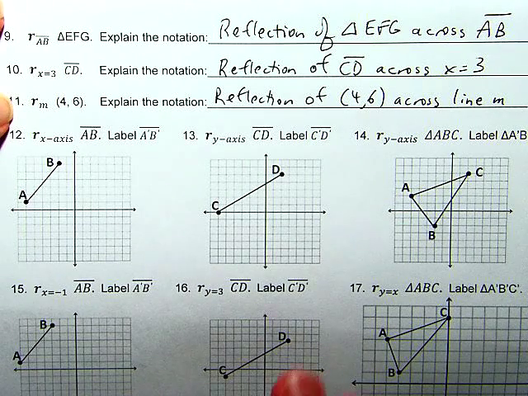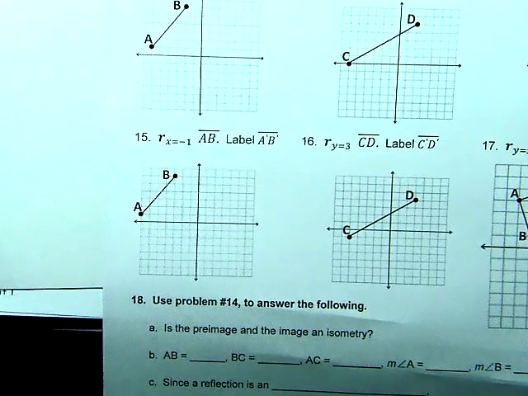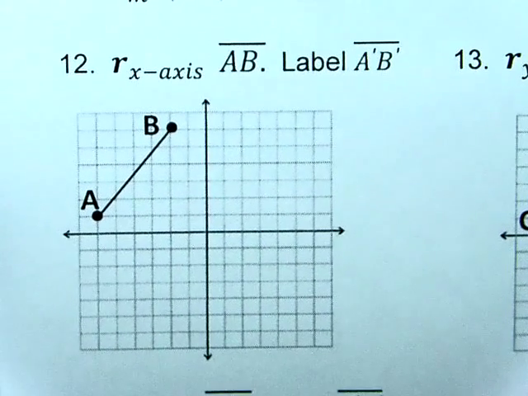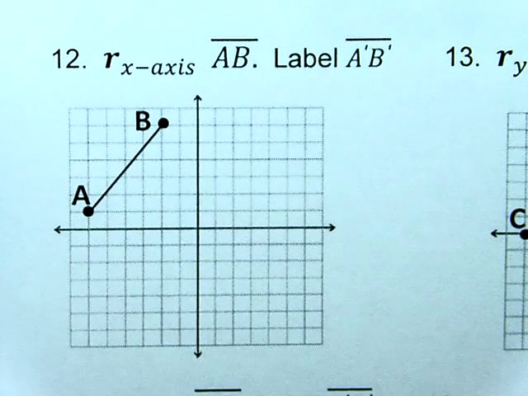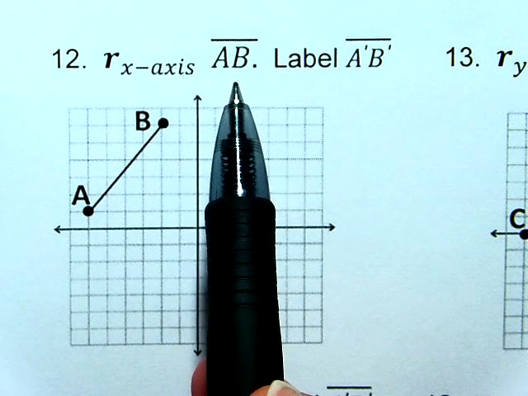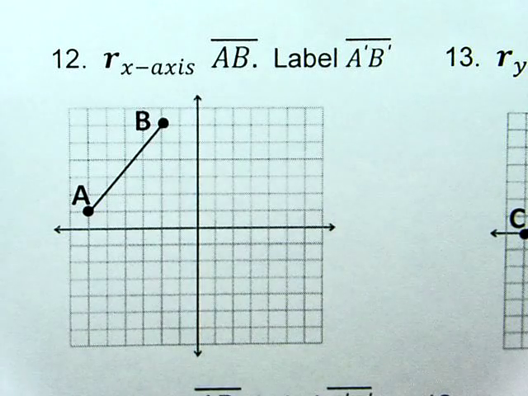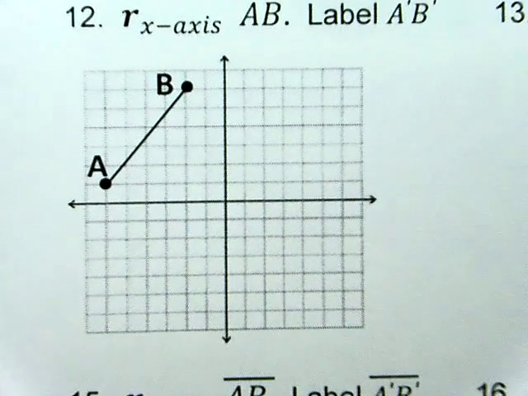So now let's use that notation to solve some problems. Let's go on to number 12. And we're being asked to find the reflection of line segment AB across the x-axis. Okay, so the x-axis here is the reflection line or the mirror line.